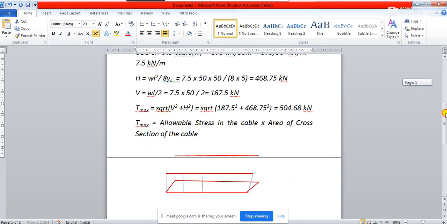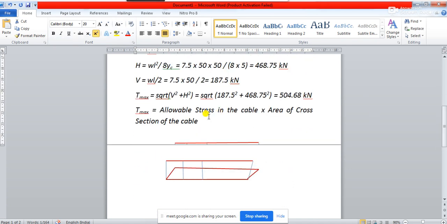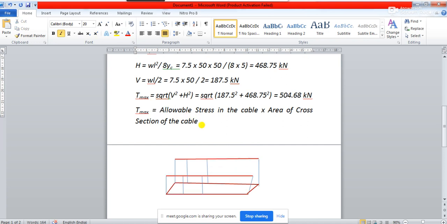So you just put the value over there. Very simple. So T max is nothing but your 120 multiplied by area of cross section. You should be a little bit cautious about your unit, okay? This is given in Newton per millimeter squared.